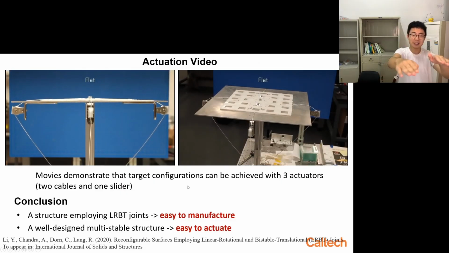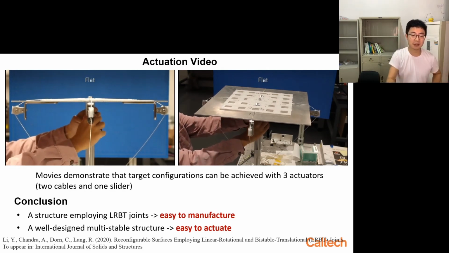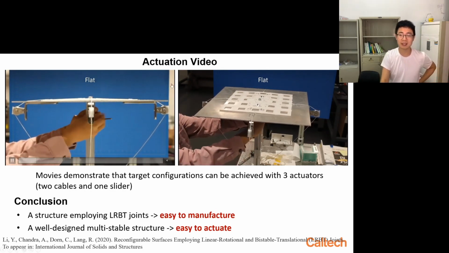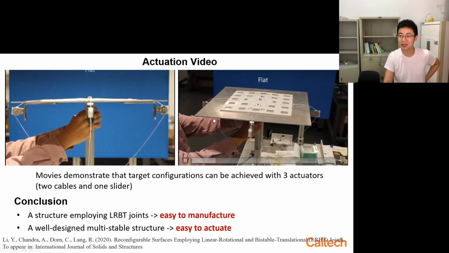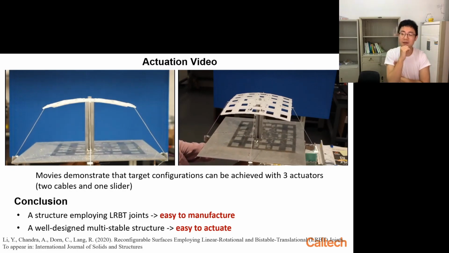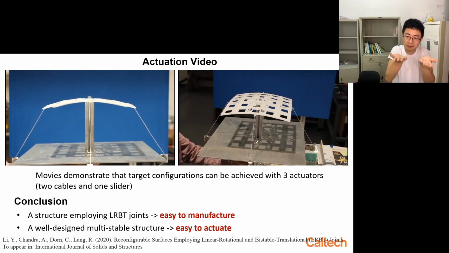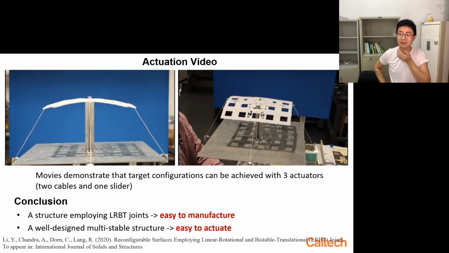Okay, this is flat. Only again 3 actuators, 2 cables plus 1 slider. You can see this is flat. On our structure we have a kind of base for it. So we move this backing down, pull one.